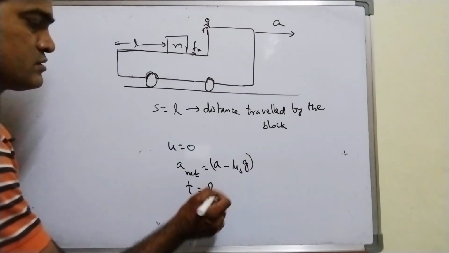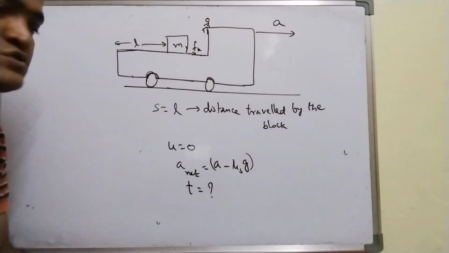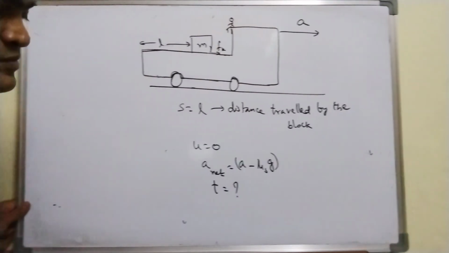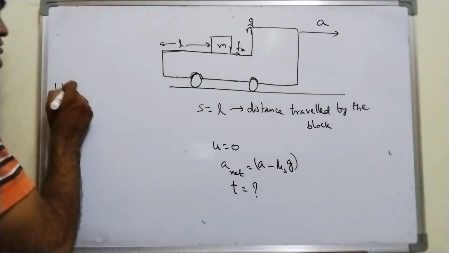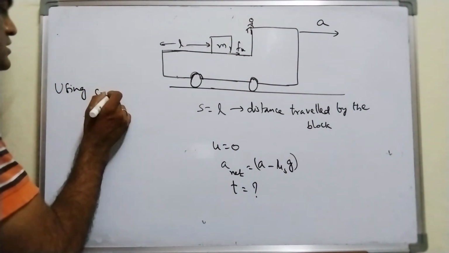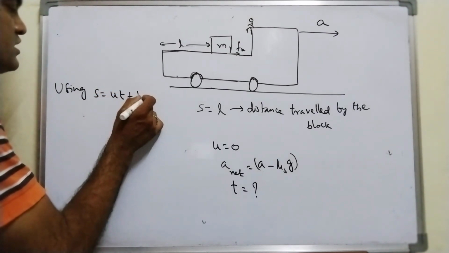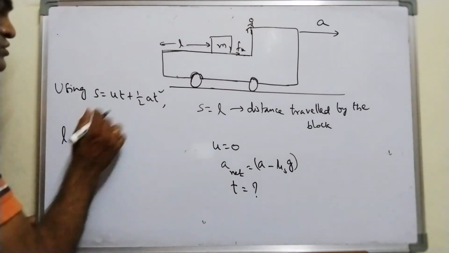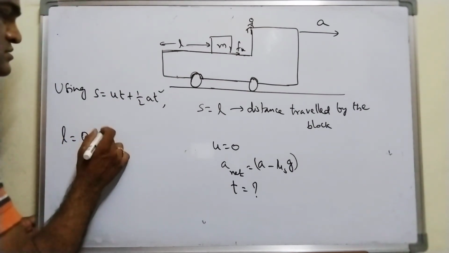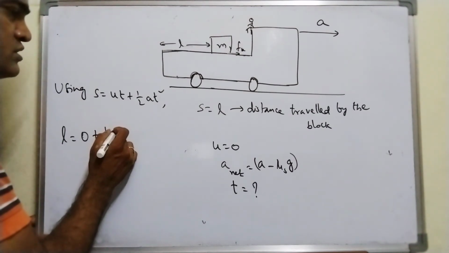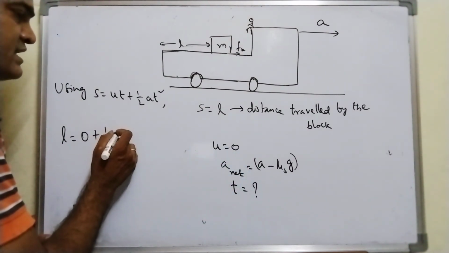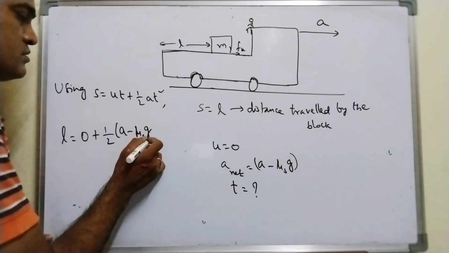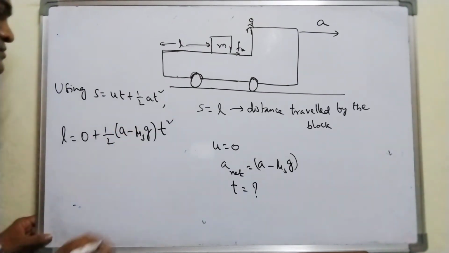I want time. So in which equation of motion do you have displacement, initial velocity, acceleration and time? Let me use that equation. Using S is equal to ut plus half at square, I can write L is equal to 0 plus half into a, where a is the net acceleration, a minus mu s into g, into t square.